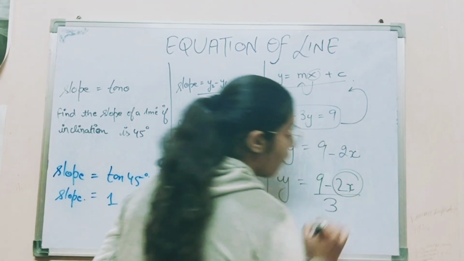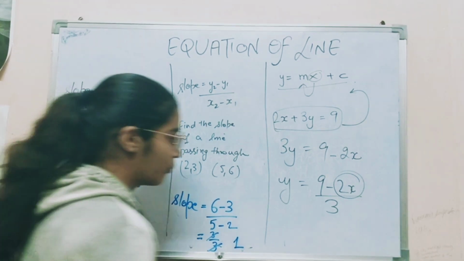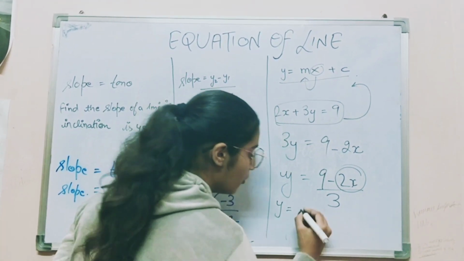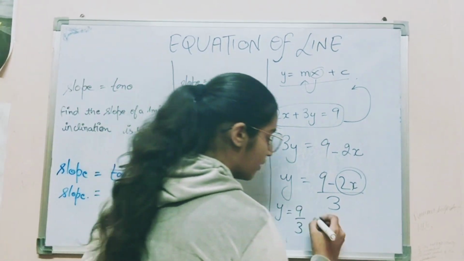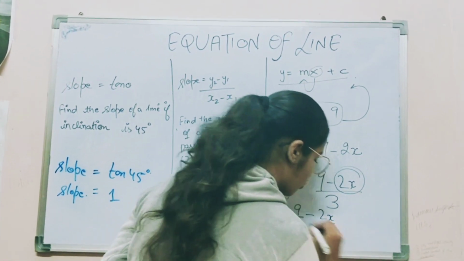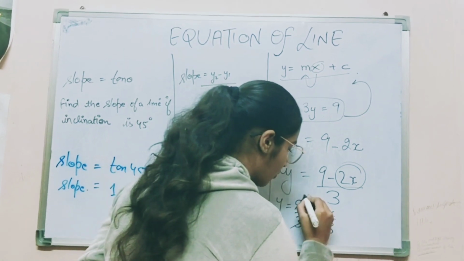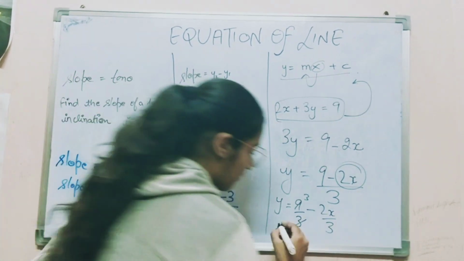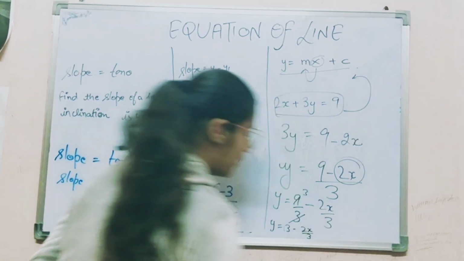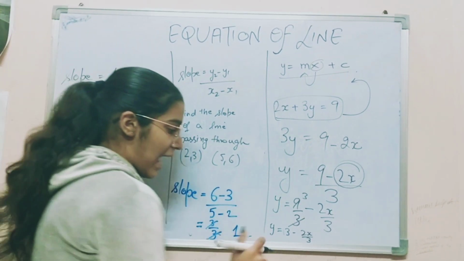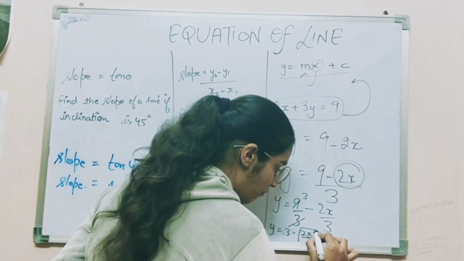The coefficient of x, as I told you, is the slope. So we can just split it by writing it as 9 by 3 minus 2x by 3. Okay. So here we are having y equals 3 minus 2x upon 3. Now you can clearly see that we got the coefficient of x.